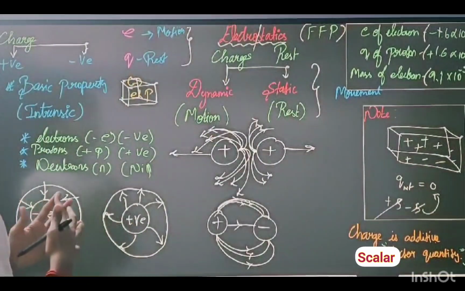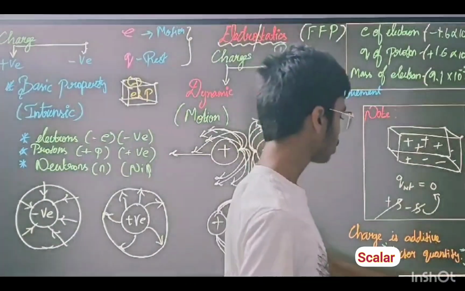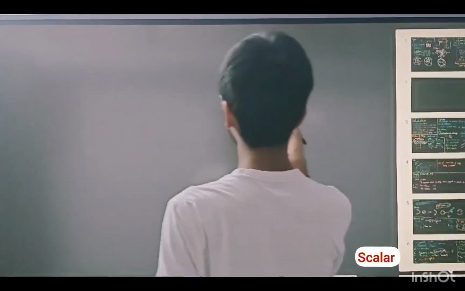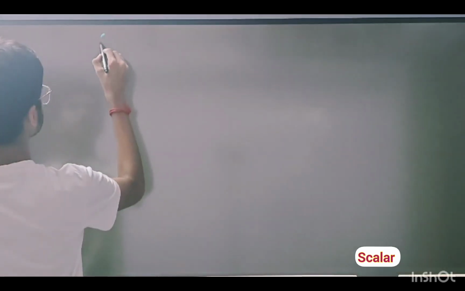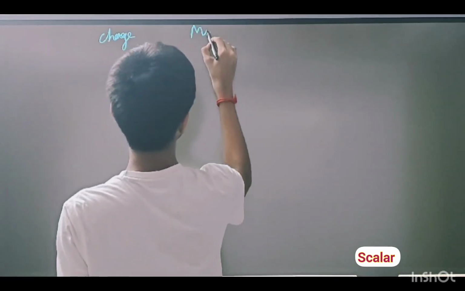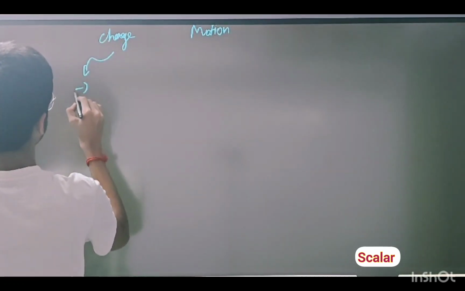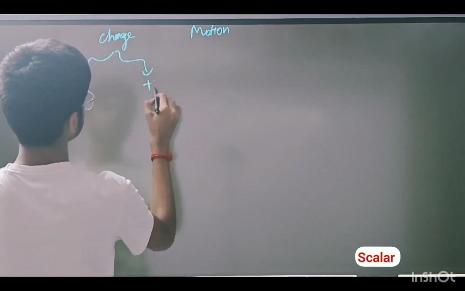So charge is actually of 2 different types, and the movement of charge is also of 2 different types. First is negative, second is positive.